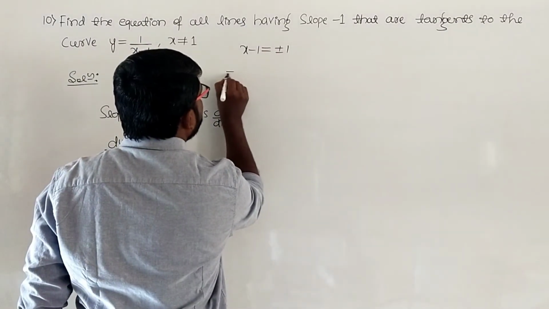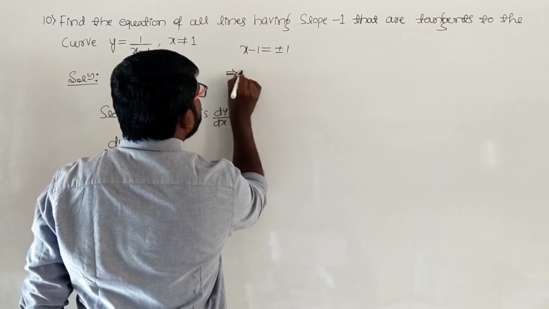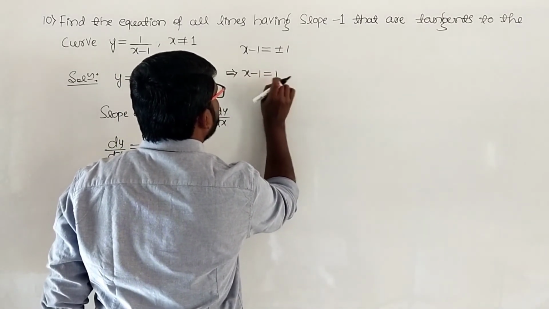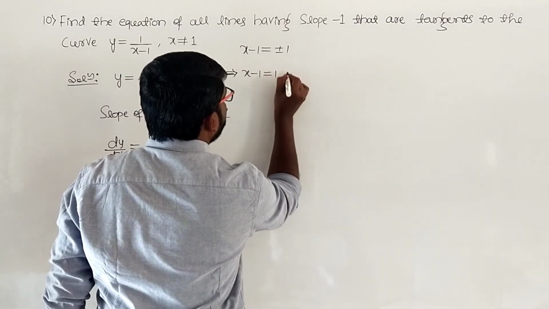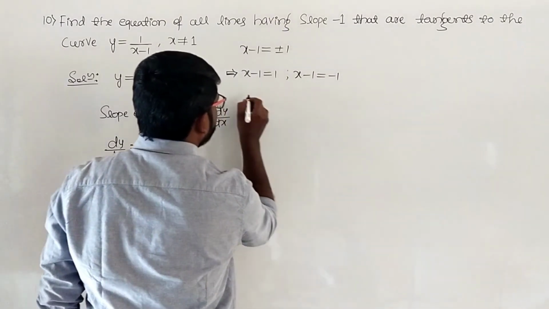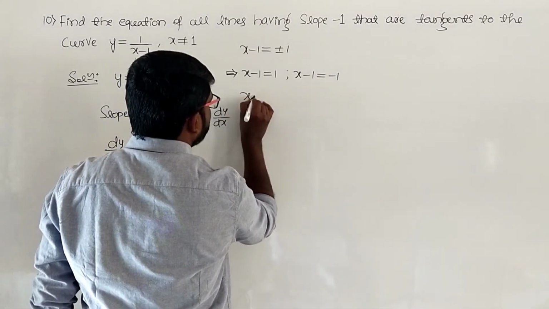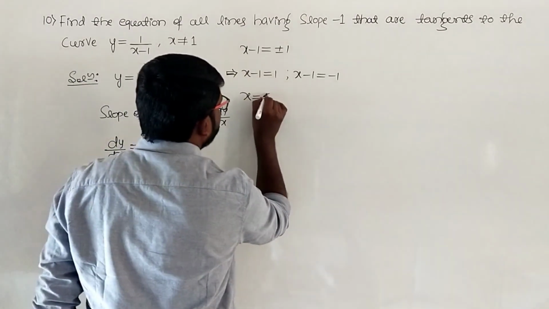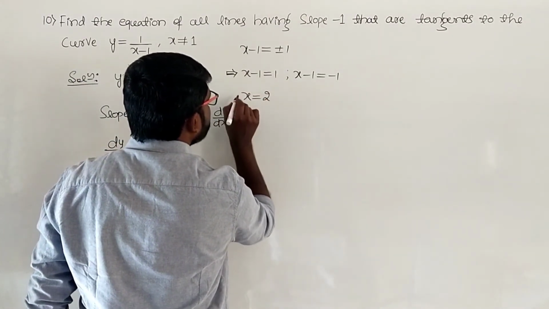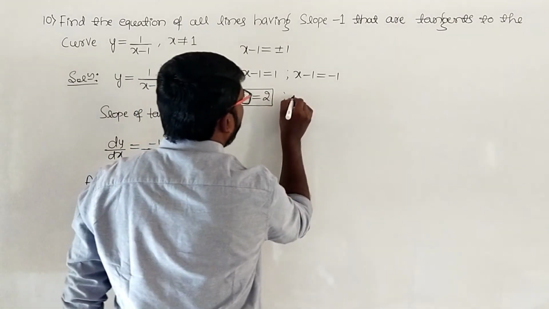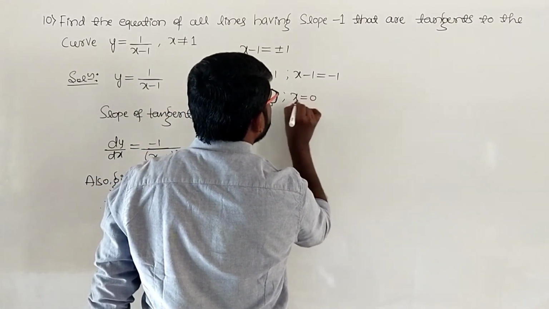So this implies x minus 1 is equals to 1, and then the other case will be x minus 1, which is equals to minus 1. So now x which is equals to, take minus 1 to the RHS, it becomes plus 1. 1 plus 1 will be 2. So this is the value of x, and then here you get x equal to 0.